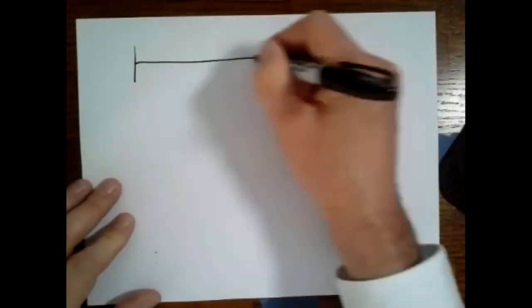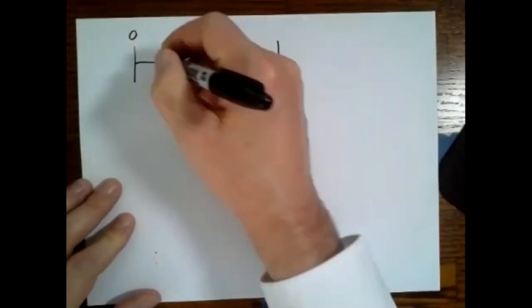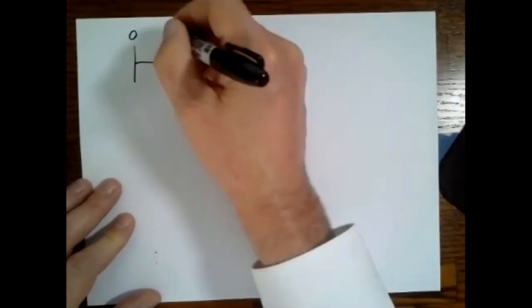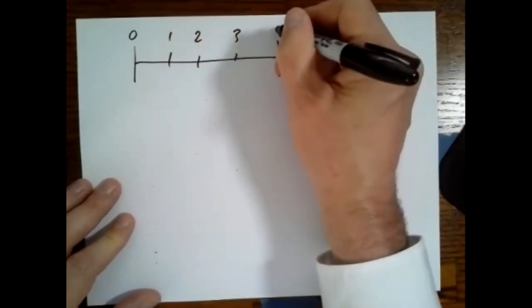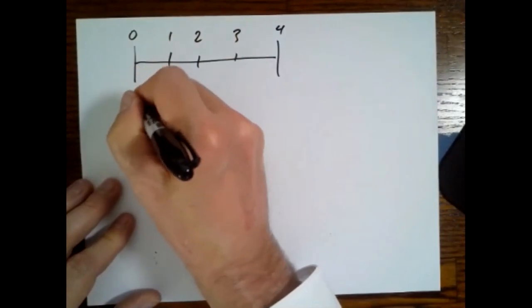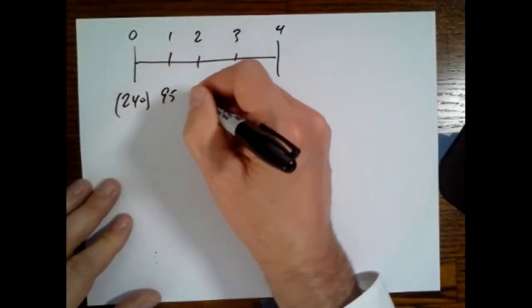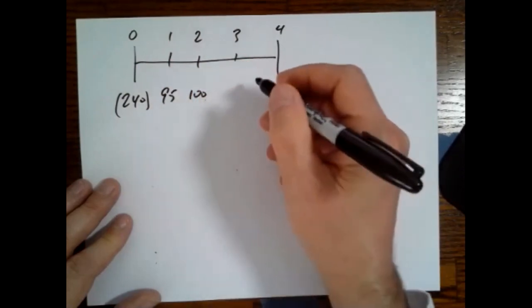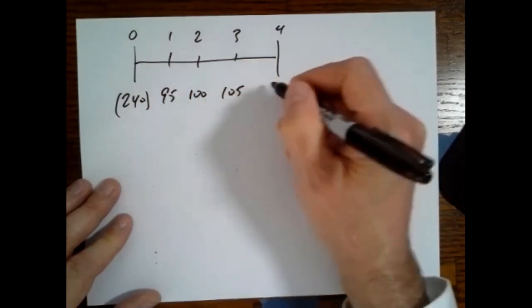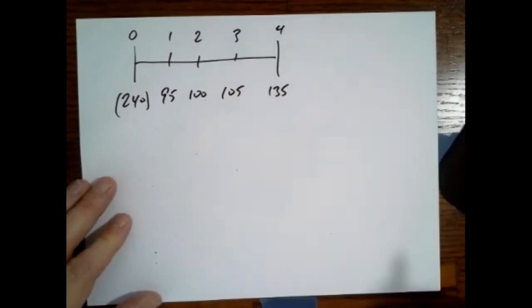What MIRR looks like, before we do it on the computer, we have our setup again: 240, 95, 100, 105, and 135.